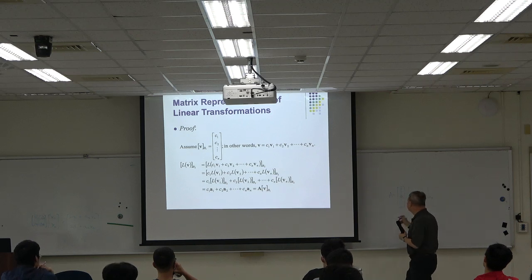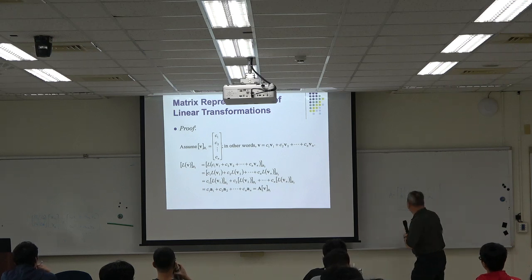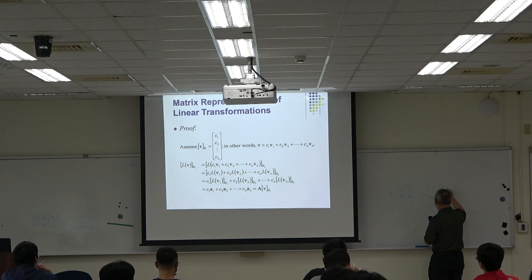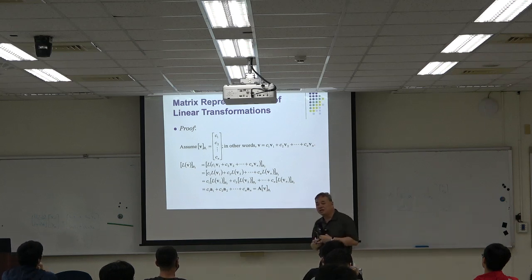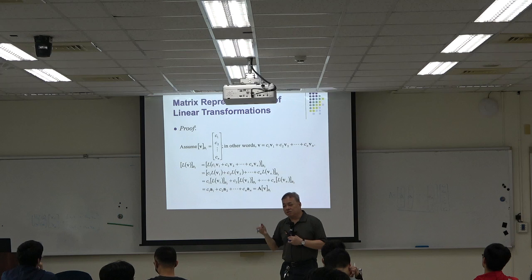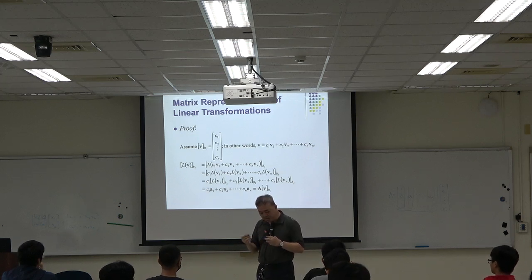So this is our A times c1, c2, up to cn. This is according to the definition of matrix multiplication.